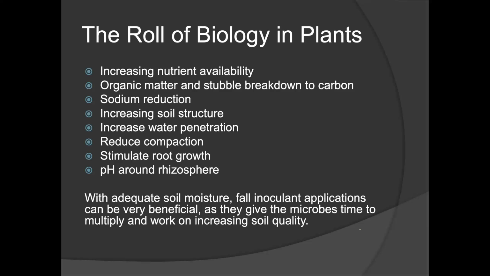The biology doesn't like extreme pHs, so it will shift the pH to a more beneficial pH for its function around the root system. So even though your soil may be an 8 pH, and you're panicking and trying to figure out how to reduce your pH down to neutral, if you have good biology support around that root system and good food for them, they've already shifted it to their need. That's functional, because their enzymes are less effective at a higher or lower soil pH, so they shift it toward where they need it for ideal purposes.